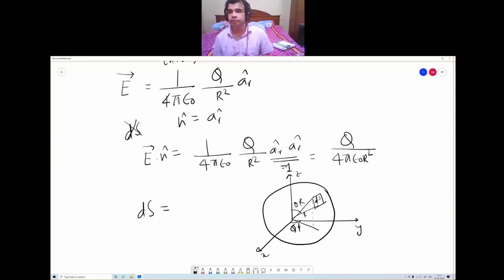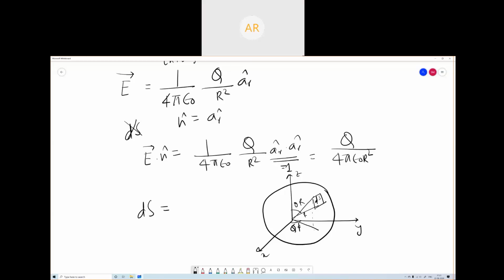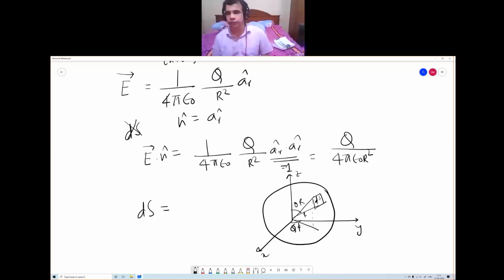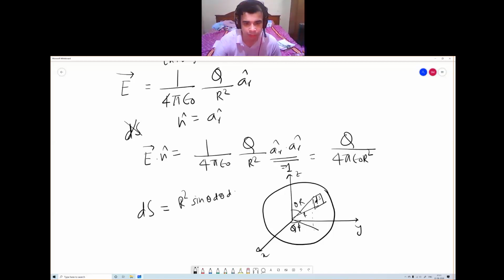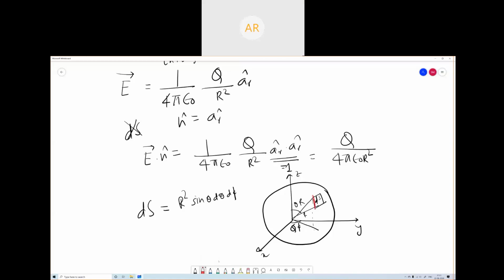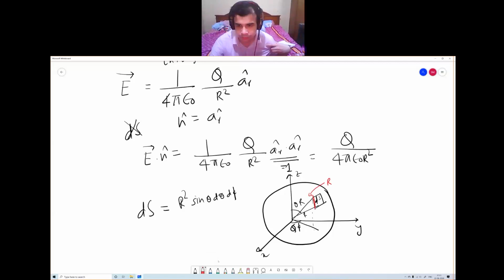R square sin theta d theta d phi. Absolutely. R square sine theta d theta d phi. Why? Because this length here is R d theta, and this length here is R sine theta d phi. So the product would be R square sine theta d theta d phi.